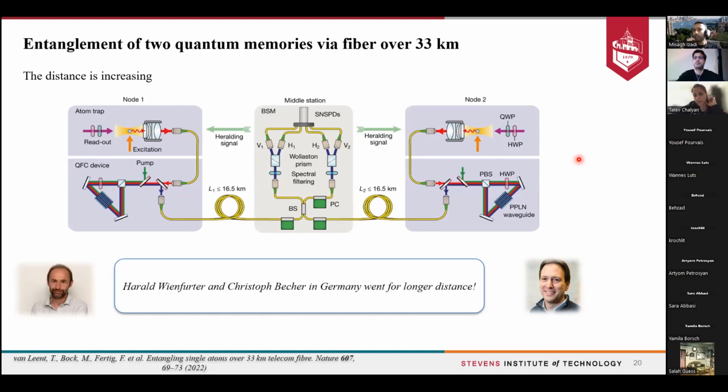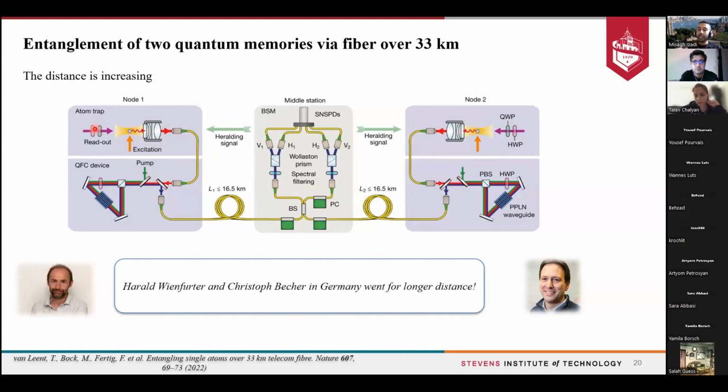So how do they want to solve this loss? This is exactly this scheme you see here. It's a proposal by some physicists. They can use a quantum repeater-based network. What is the meaning of that? It means you generate entangled pairs here, you do the frequency conversion on one of the entangled pairs to send it through the communication channel. But because this photon is entangled with the other one, the other one already has all the information, and it can be stored in an ion trap or any kind of quantum memory platform.